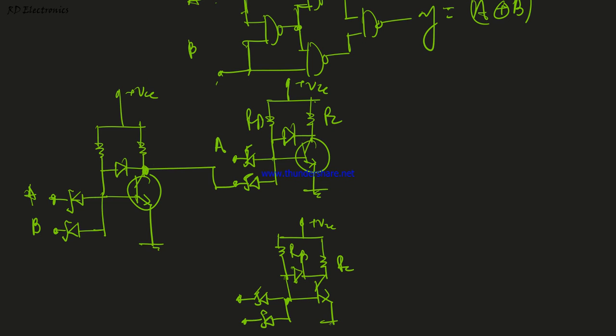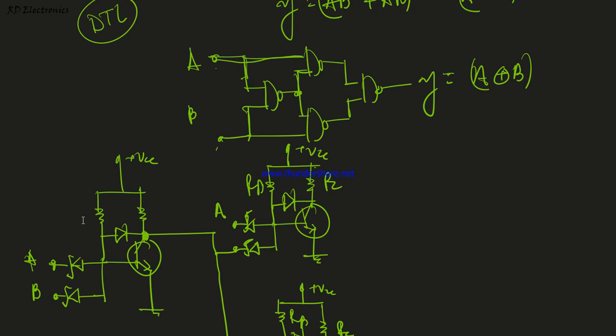Diode transistor logic is not used because there are many disadvantages like slow speed of operation, propagation delay, etc. So now look here. One input is connected to B and another input is connected to this output. To reduce the complexity, I just write B here. That means this B and this B are internally short circuited.